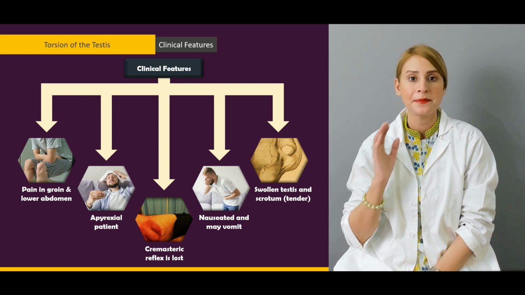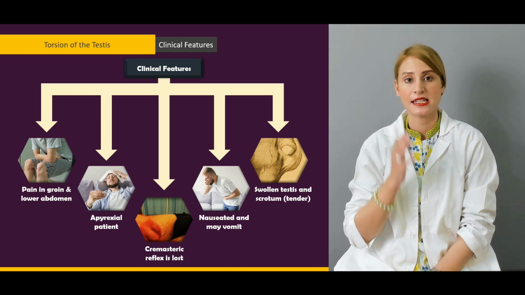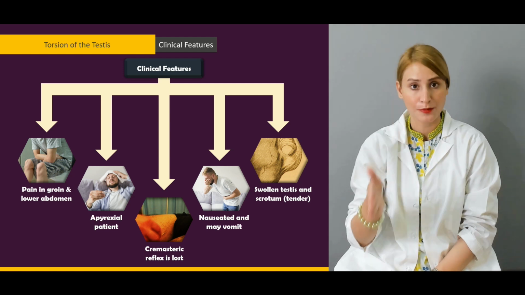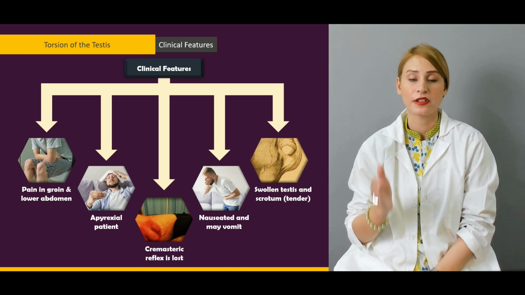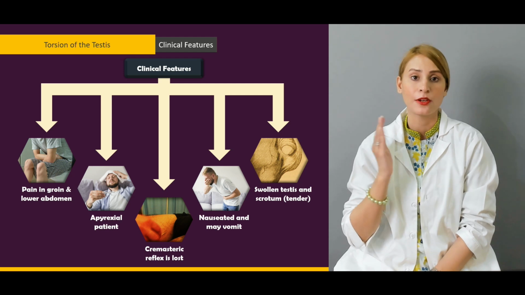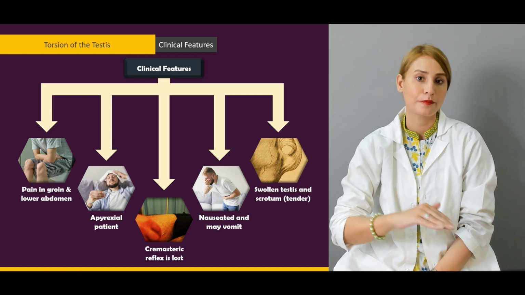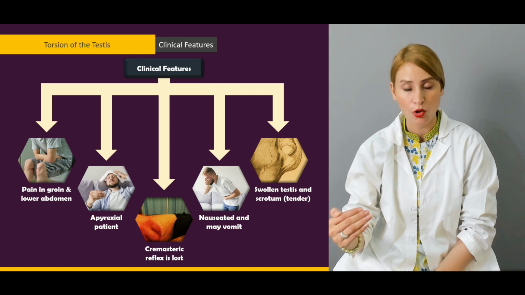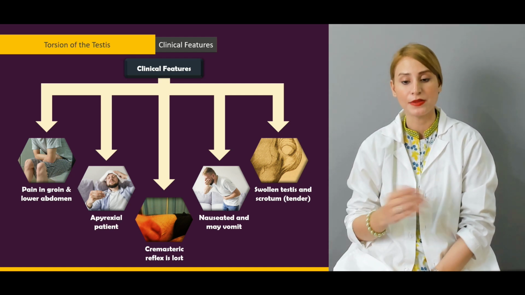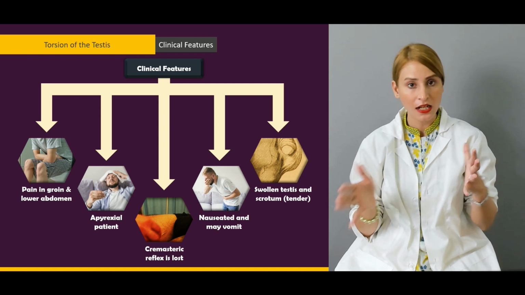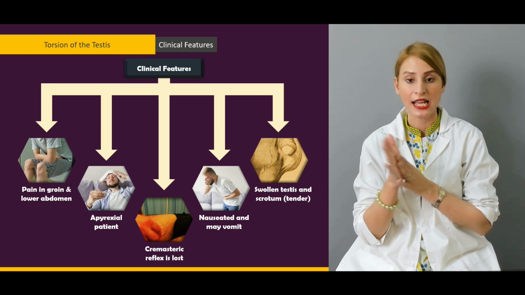So keep in mind the clinical features for torsion of the testes: disproportionate pain in the scrotal region, loin, groin and lower abdomen, and the patient will be apyrexic. If the patient is febrile, you think about epididymo-orchitis. The cremasteric reflex should be lost, and the patient will be nauseated and vomiting.